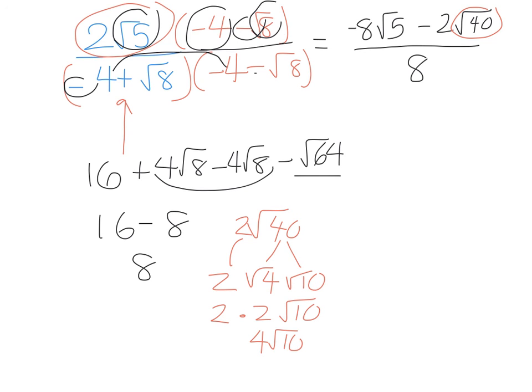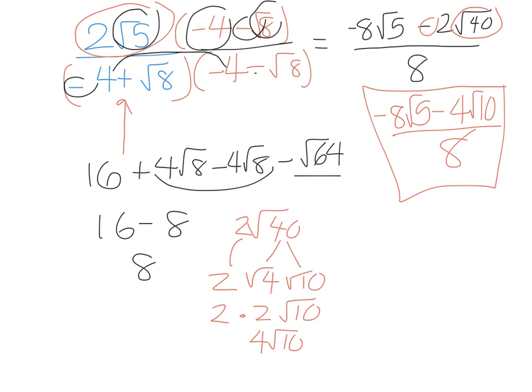So this has changed to negative 8 rad 5 minus 4 rad 10 all over 8. And we're going to leave it like this. There's actually one more thing that could be simplified, but we're not going to worry about that right now. We won't have any that are quite that hard.